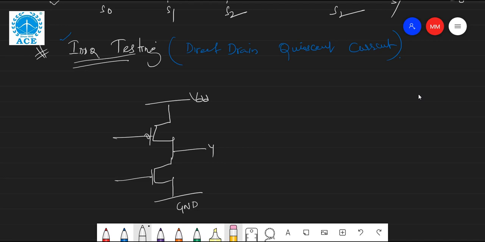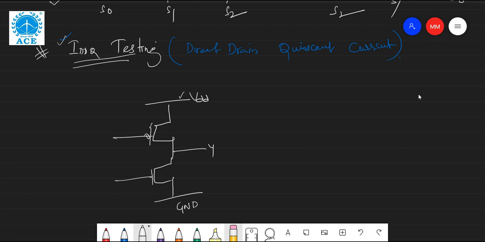In IDDQ testing, various types of faults can occur, like VDD broken, source and ground drain broken, or gate broken, or line, I mean inputs are floating, or outputs are shorted. IDDQ testing will find such types of faults.